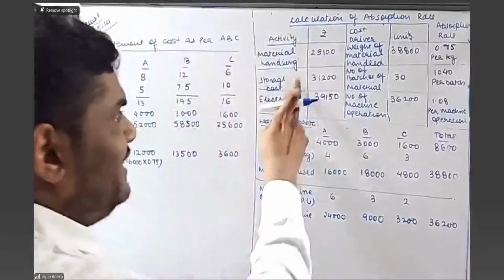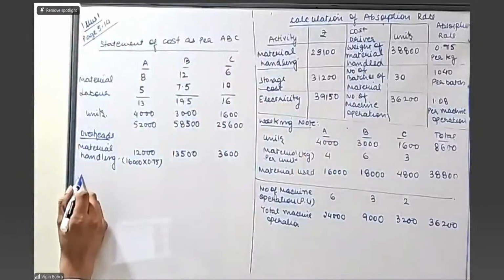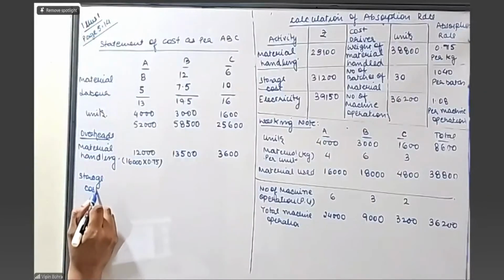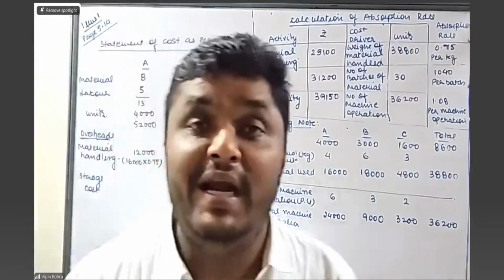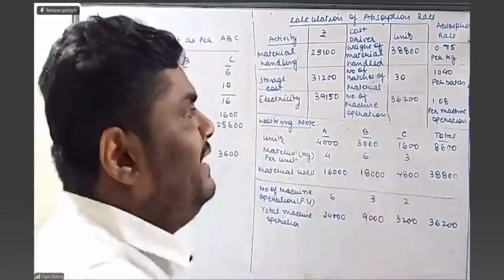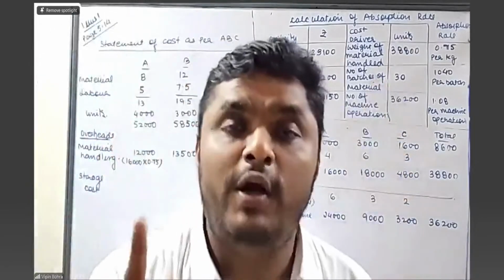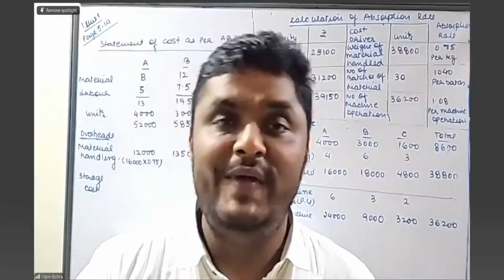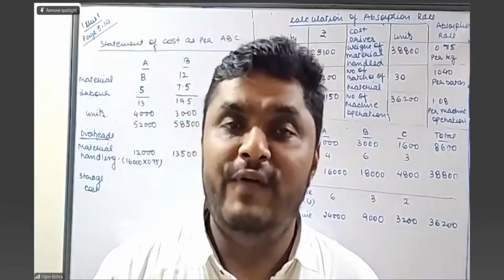Now the second category is what? Storage cost. Storage cost is dependent upon what? The batches of material, it is 1040 per batch. Now batches are given in the question itself straight away, since we have taken the straight figures 10, 5 and 15.